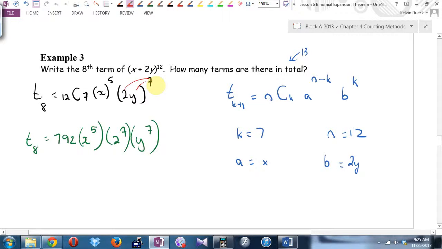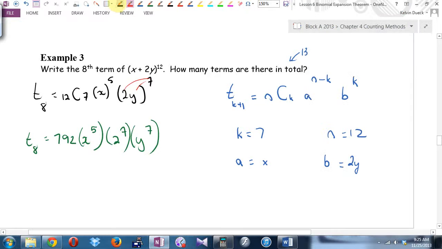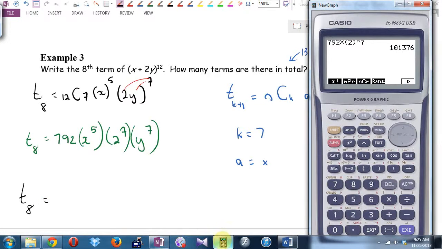Hey, I got more numbers I can simplify. I think the coefficient is going to be 792 times 2 to the 7th, which is 101,376.